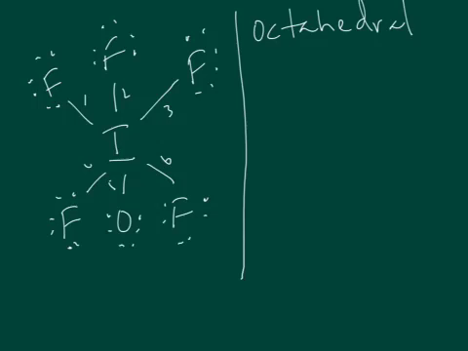So we can draw the 3D shape like this. So iodine at the middle, and fluorine and oxygen. These three go vertically. So we're going to distribute the atoms like this.